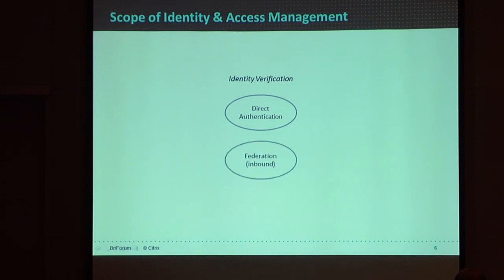The other way that I'm seeing more and more interest in is federation, where you've authenticated to some other system than the one you're trying to access, and your identity has been proven by, if you like, a third party, and on the basis of that, you're being allowed into this system. That's what I call the inbound mode of federation.